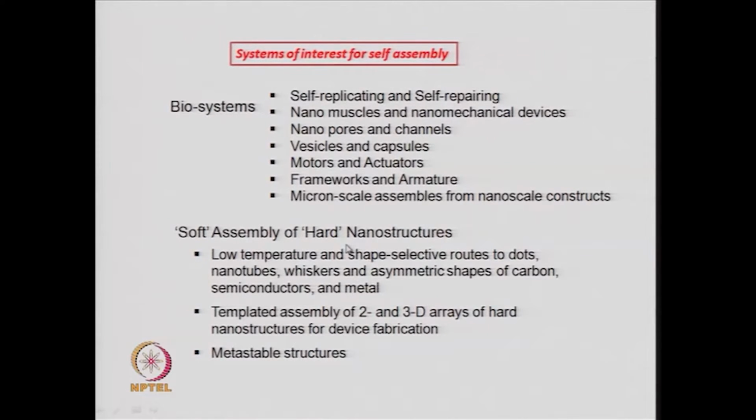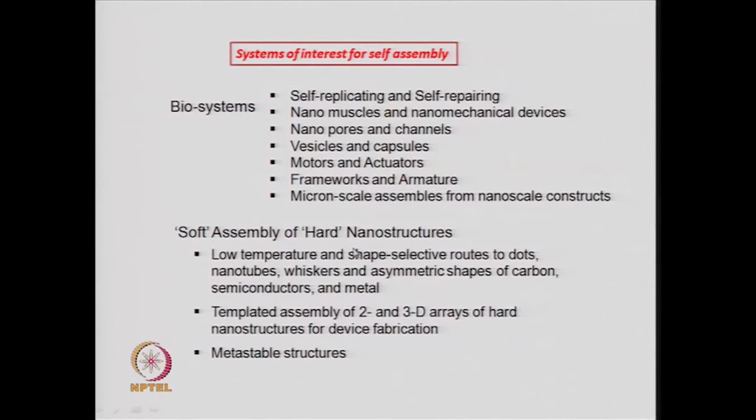We are calling them hard nanostructures, and we are calling it soft assembly because we are using a solution route using molecules or simple nano materials to make self assembled structures, which ultimately yield these hard nanostructures.